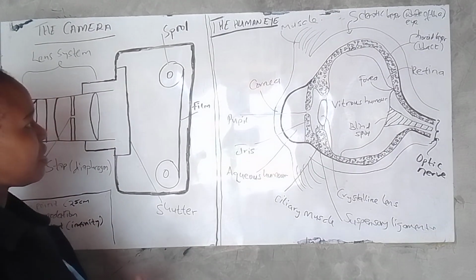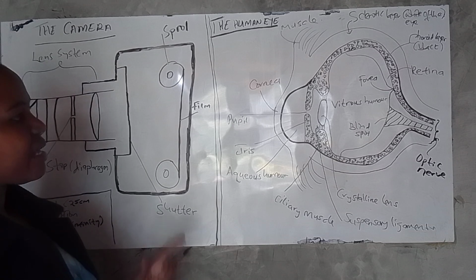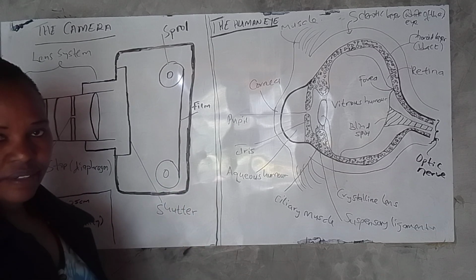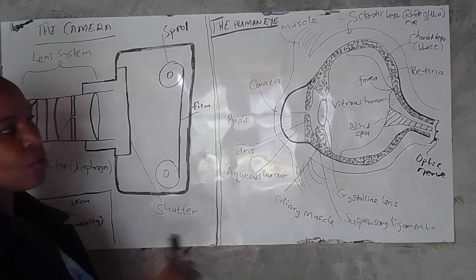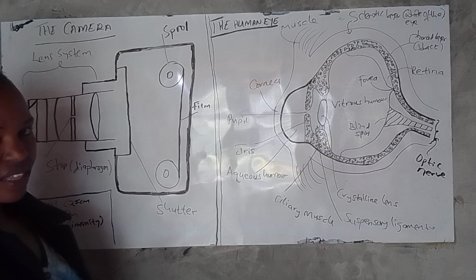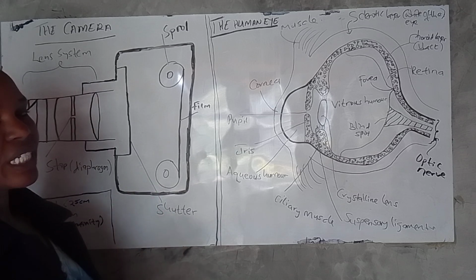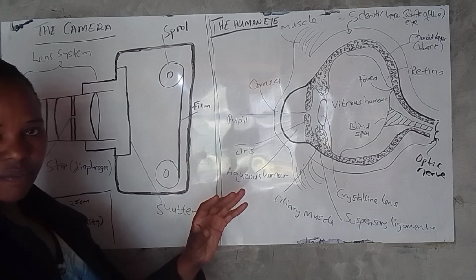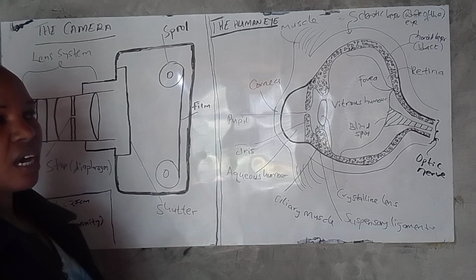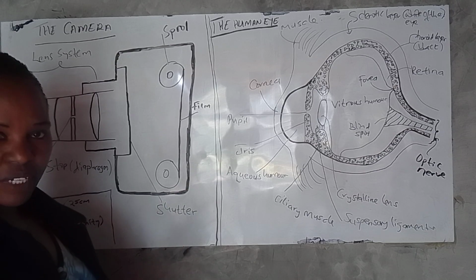Now, how does the camera work? Unlike the eye, which is permanently open, so images are falling on the retina throughout, the camera does not operate like that. The shutter will only open when you are taking the photograph. It will open for a short period of time and then it will close. What does that mean?